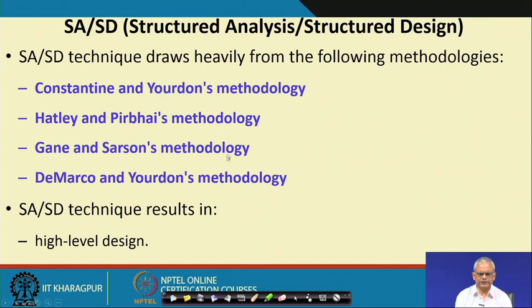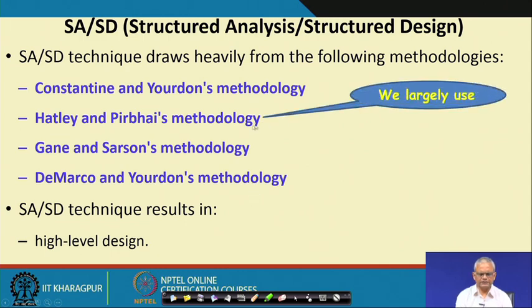So, what I want to say is that there is no standardization of the methodologies. We can find different industries using different methodologies. These are largely the same, but there are small differences in the notations and so on. We will point that out, and for our discussion we will be using largely the Hatley and Pirbhai's methodology.